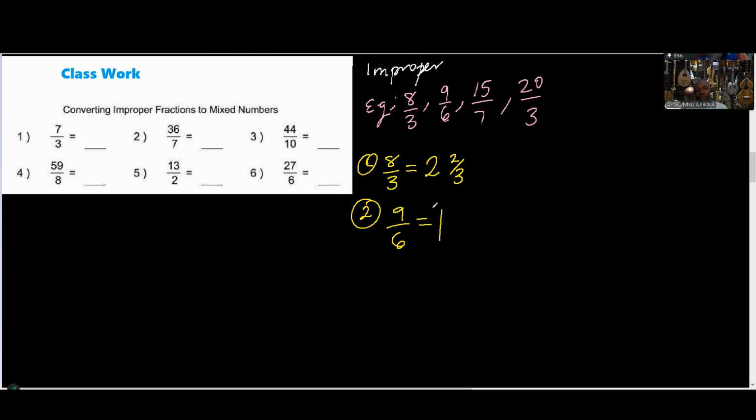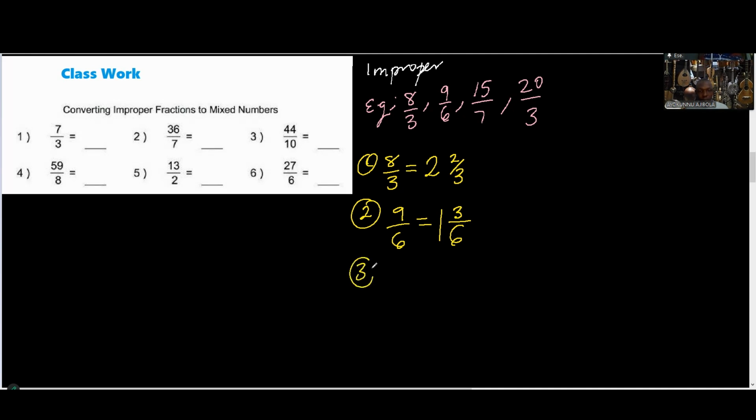So after giving to one person, do I still have 6 remaining? No. How many do I have? Three, very good. So if I want to give 6 again, I don't have the 6. I only have 3 out of 6. Is that clear?